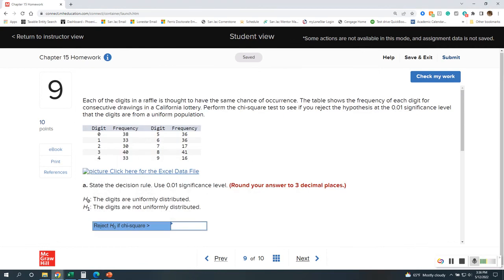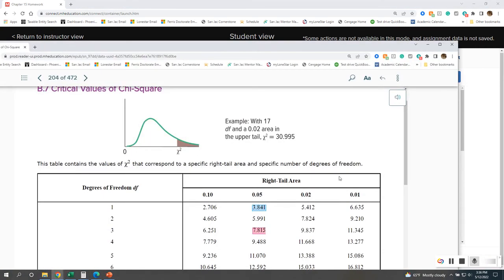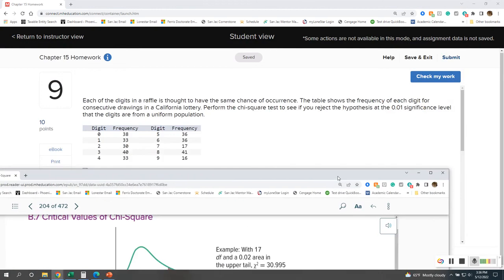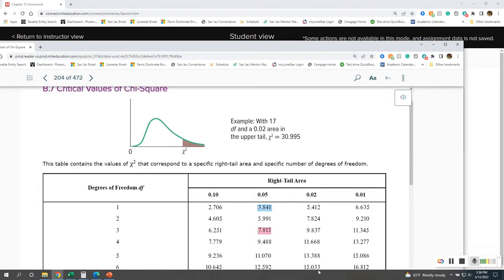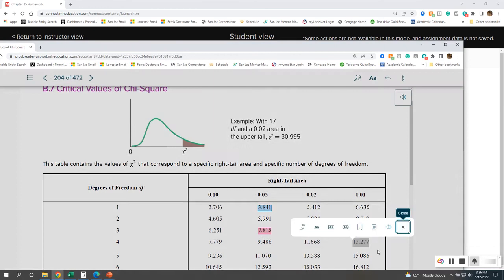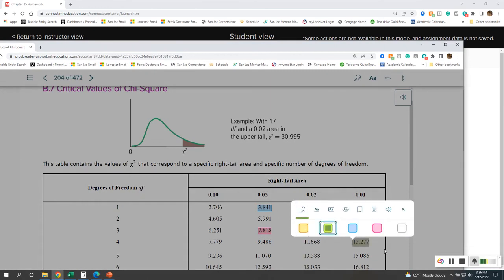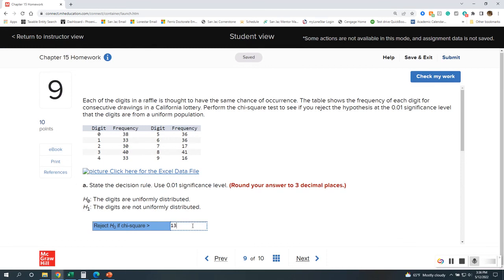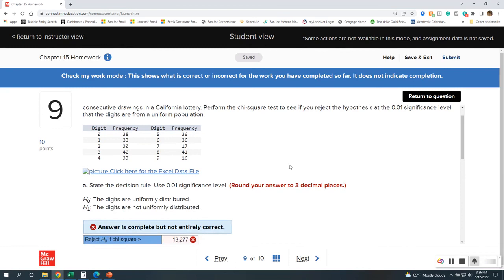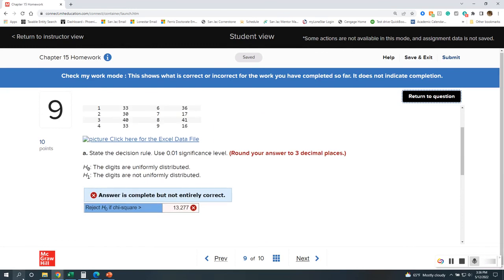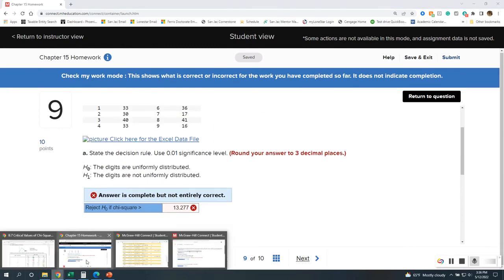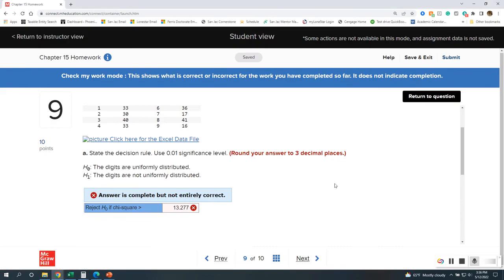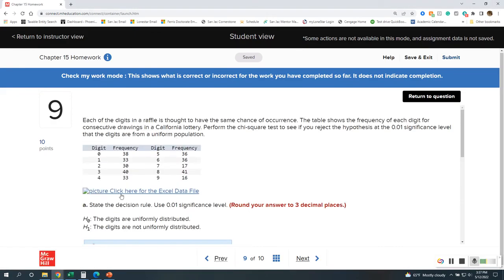Again, click the wrong folder. Alright, so we're at 4. We're at the 0.01. So 4 is right there. Is a 13.277. Digits.